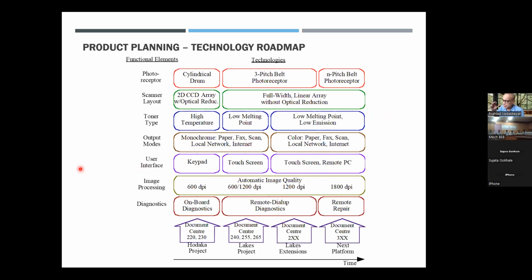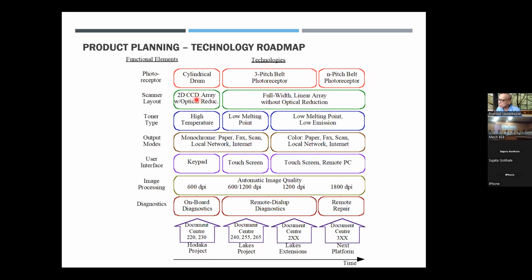This is the higher level, the next platform. Okay, let us start from the top. These are functional elements and technologies. Photoreceptor: cylindrical drum, belt photoreceptor, and pitch. This is 3 pitch, so it's an improvement.